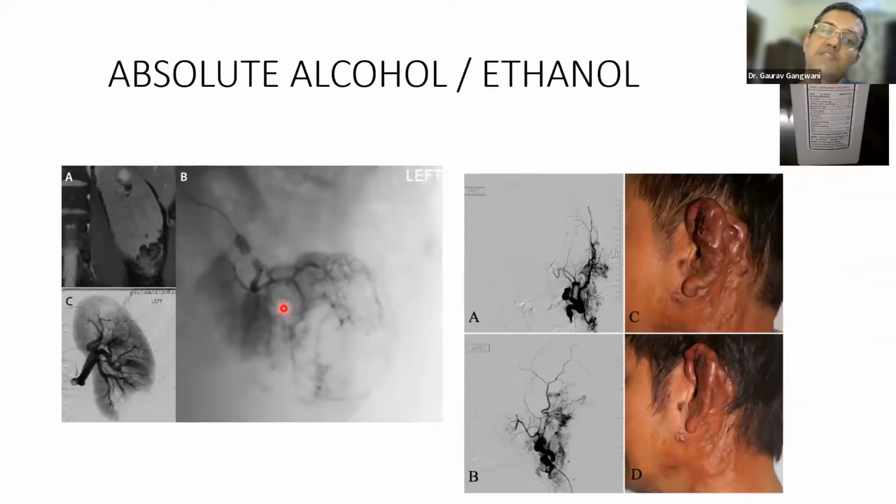Absolute alcohol has been used for AML embolizations, now becoming the standard of care in a few countries. Also, type 4 AVM, especially occurring in the pinna, where the capillaries are almost interspersed with the AVM nidus. There, absolute alcohol works well, because with any other agent you use, even glue, it will actually cause capillary occlusion and cause necrosis of the pinna skin.